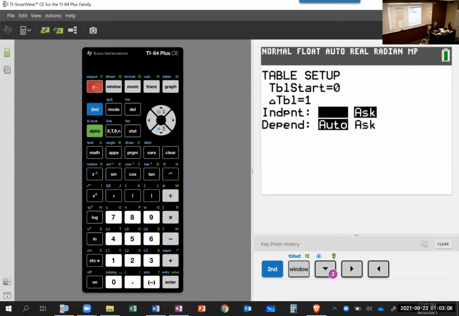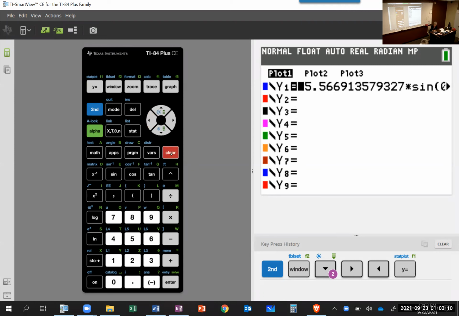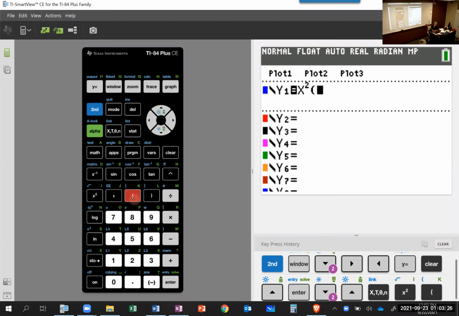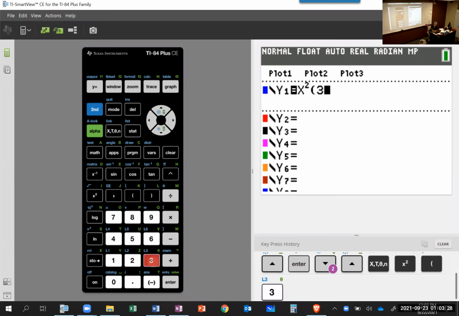Now, what we want to do now is let's go back to our y equals. And I'm going to put this function on our y equals. Now, the function we started with was x squared times 3x squared minus 10x.